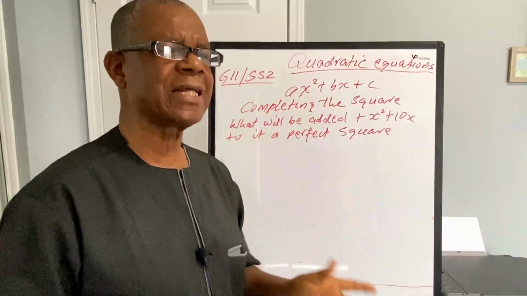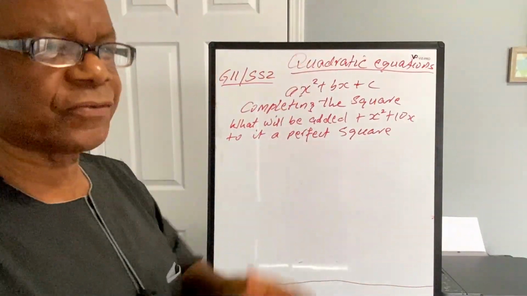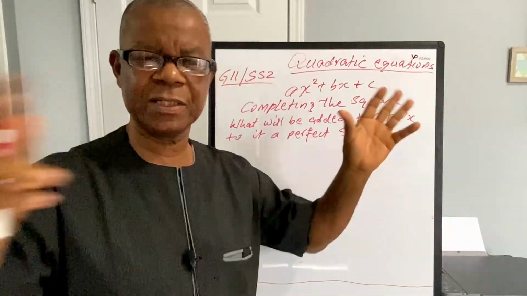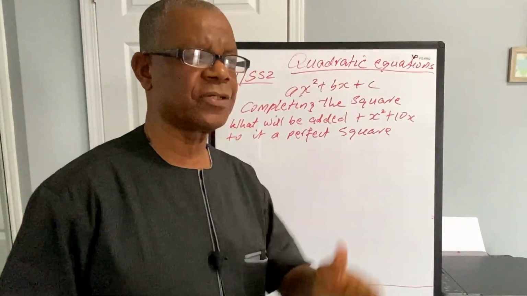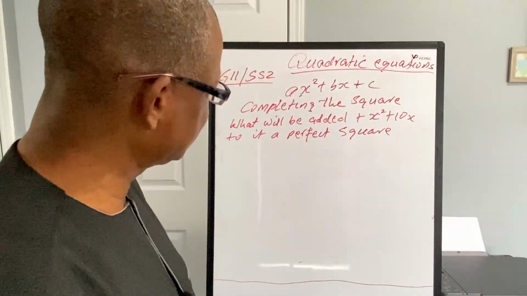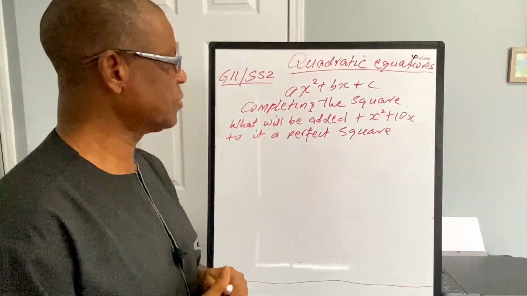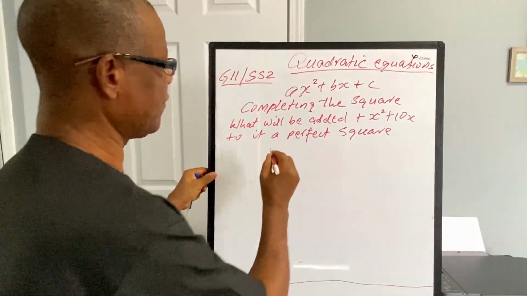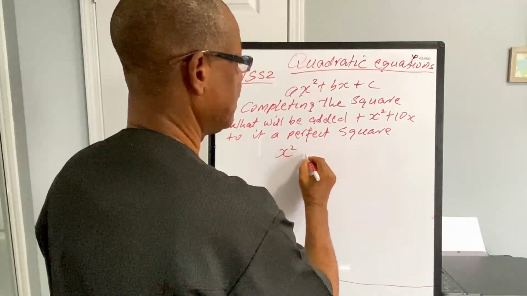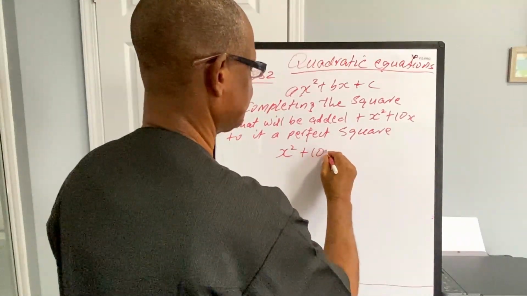There's no one particular way of solving a problem in mathematics. That's why when somebody tells you this is the only method, what the person means is this is the only method I know. Let's use this short method in solving this issue. We have x squared plus 10x.